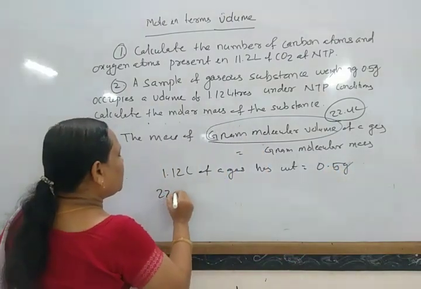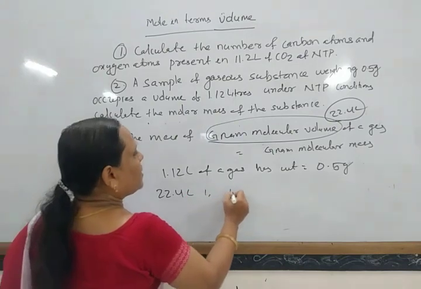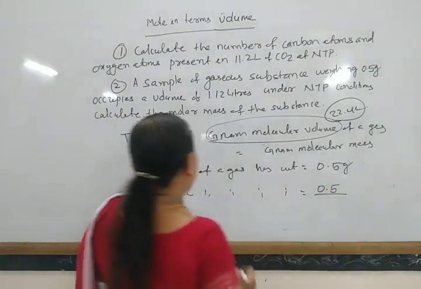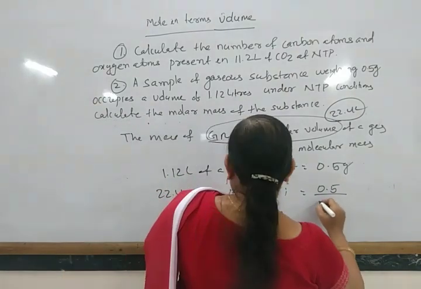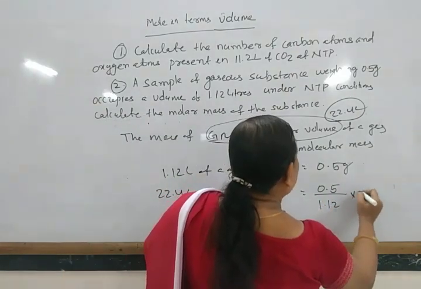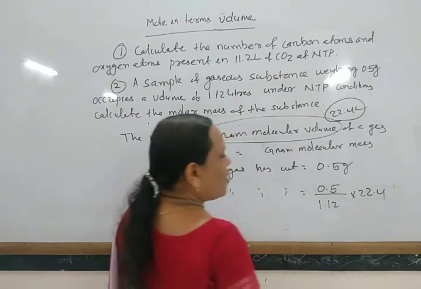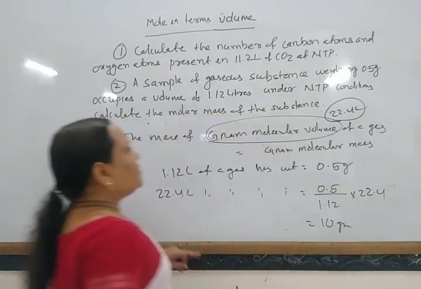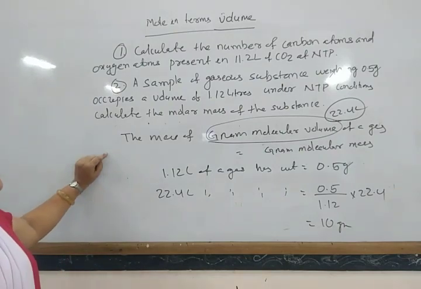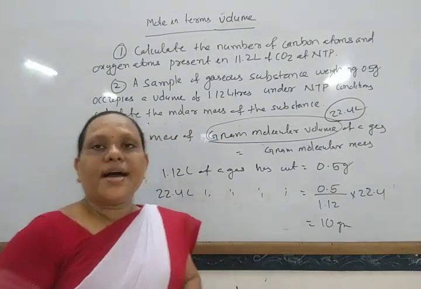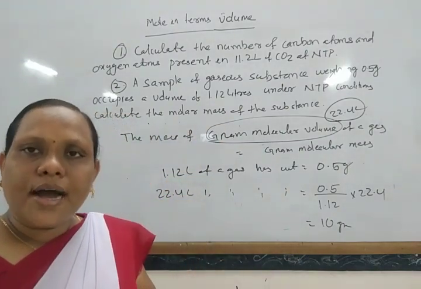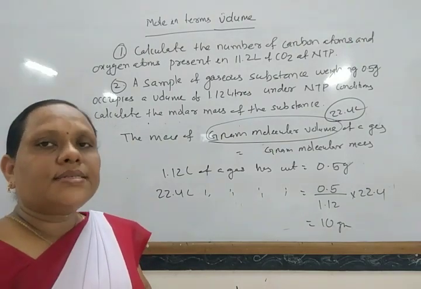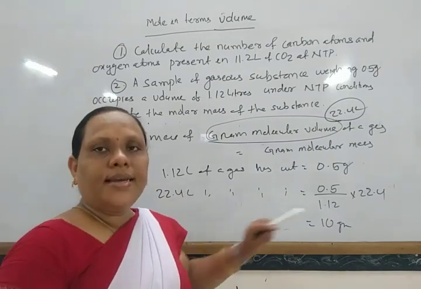Then 22.4 liter of the gas has weight 0.5 by 1.12 into 22.4, that is equal to 10 gram. So the gram molecular mass, or the molar mass of the gas, is 10 gram. Gram molecular mass is also known as molar mass.